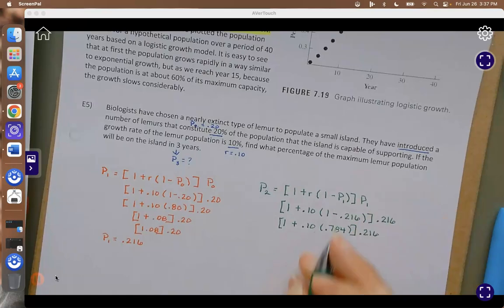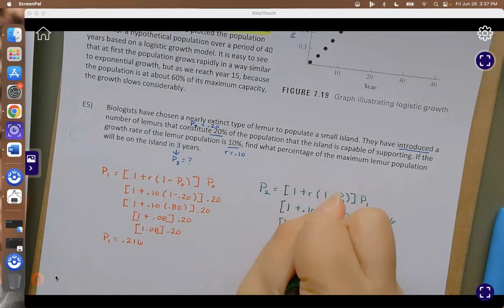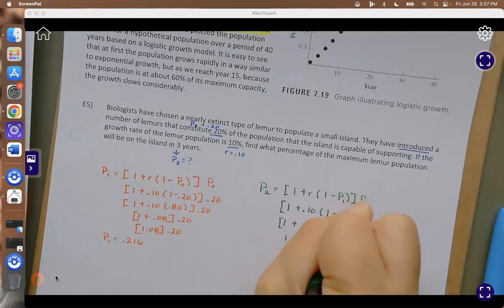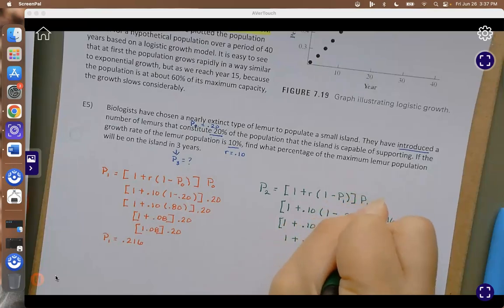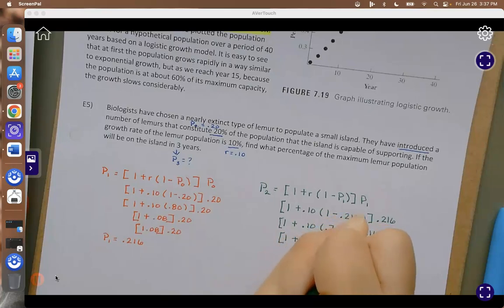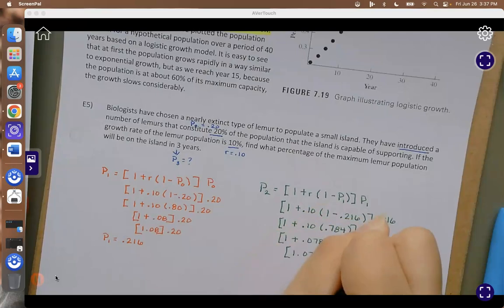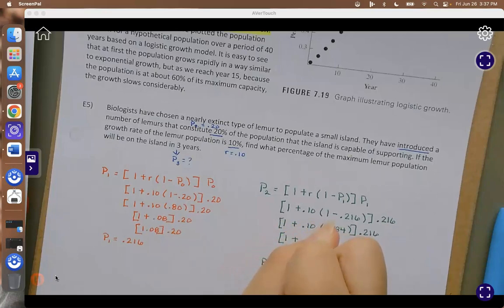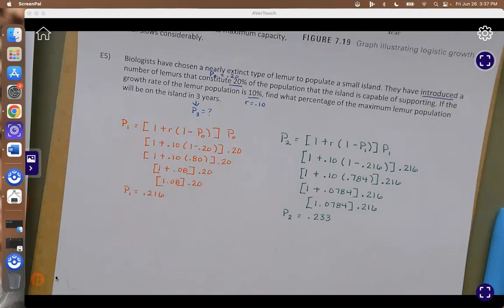Okay, if I multiply that by 0.10, I get 0.0784. So I have 1.0784 times 0.216. So P sub 2, so the second year, it's up to 23.3% of the maximum capacity. Okay, so it's growing.